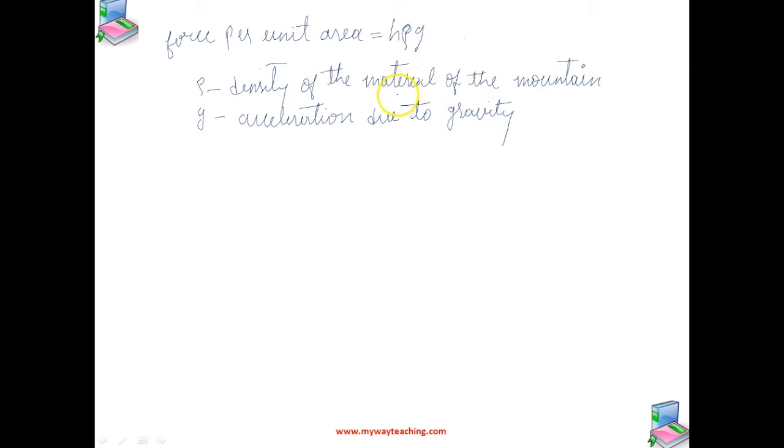So the material at the bottom experiences this force in the vertical direction, and sides of the mountain are free. So this is not the case of pressure, or you can say this is not bulk compression either. This is a shear component, approximately h rho g, we can say.